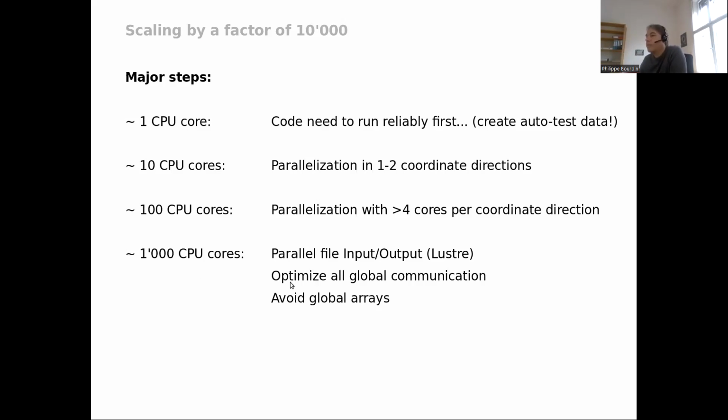Second, you should optimize all global communication. If you have 1,000 processors and a value needs to be communicated globally, that makes it slow, because one processor has to send it to all the other processors, and that of course takes time. Furthermore, if you have such large setups, you want to avoid all types of global arrays.